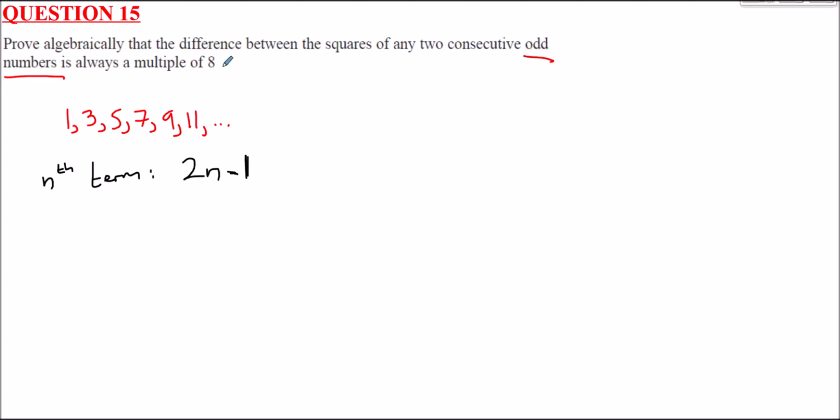So if we carried this on, the sequence of odd numbers in general, in terms of n, would be 2n minus 1. And of course, the gaps are going up in 2's, so the next one will be 2n plus 1. Then 2 bigger will be 2n plus 3, 2n plus 5, and so on and so on.